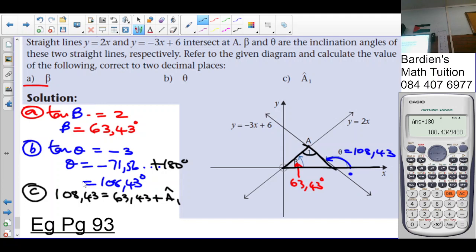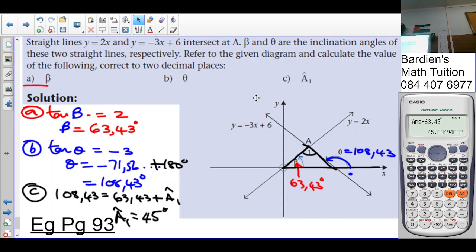So this angle A1 is going to be 108.43 minus 63.43, which gives an angle of 45. Any confusion? Any questions?